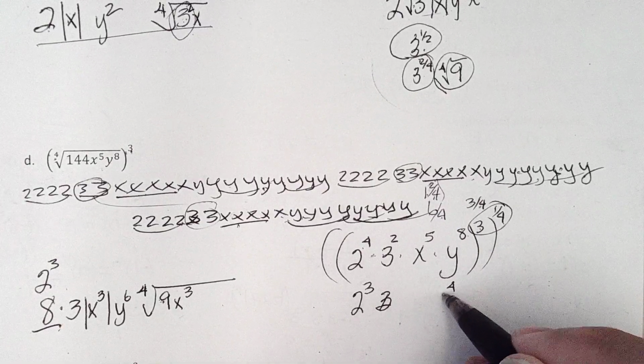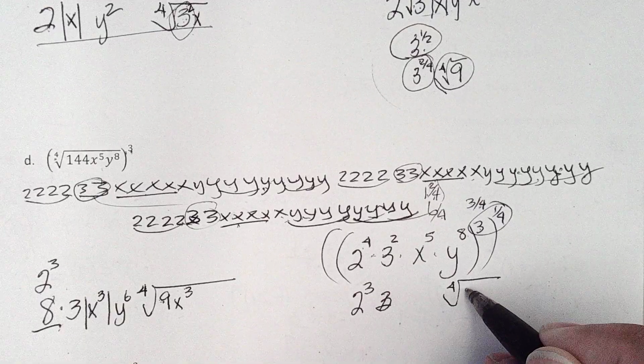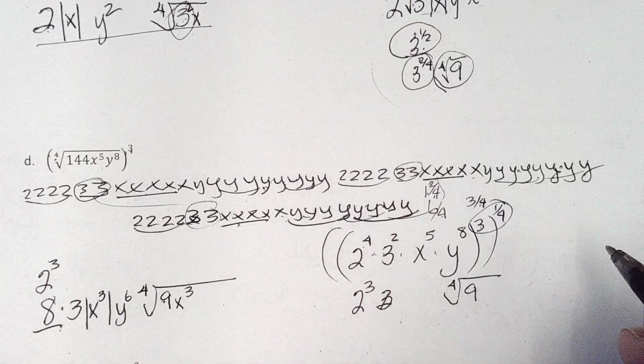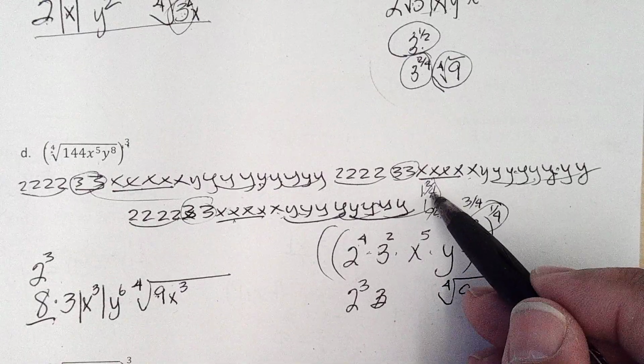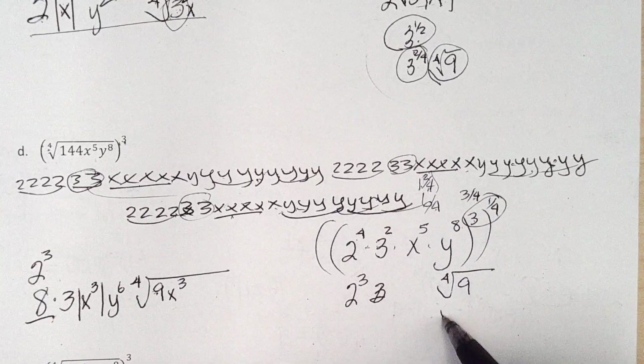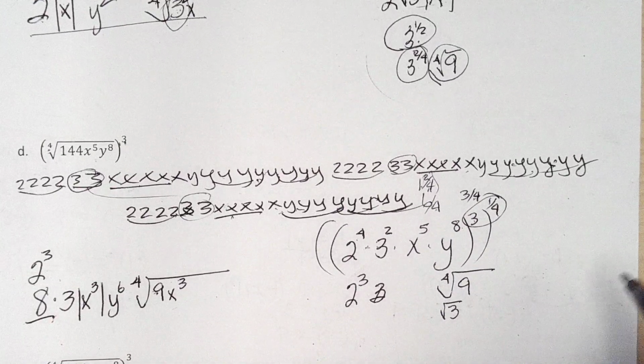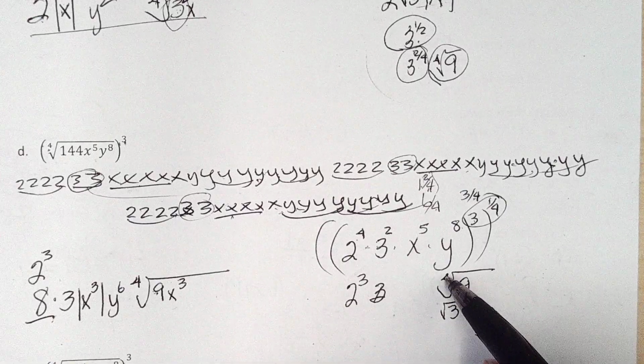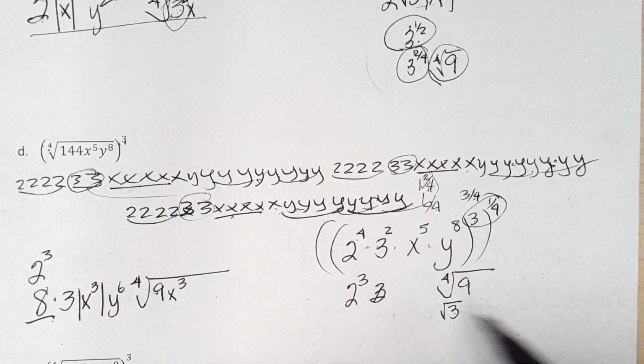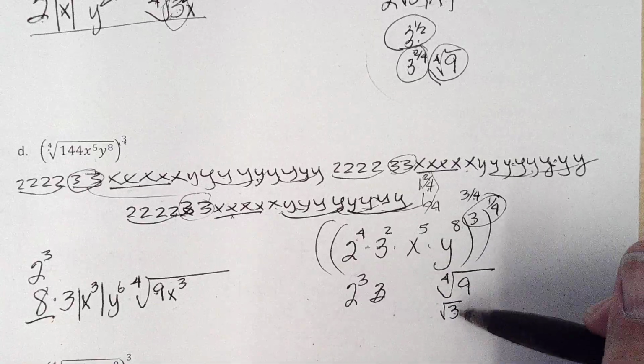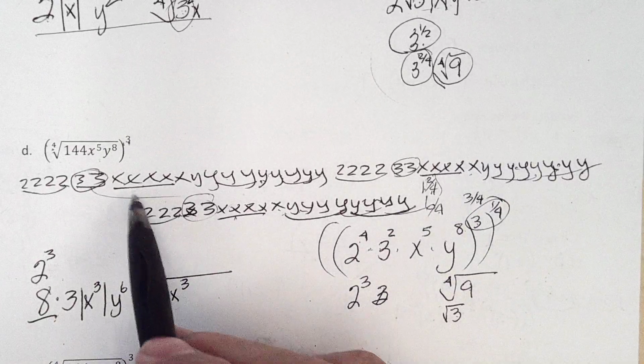So I've got the 4th root of 3 squared, 9. But also 2/4 reduces to 1/2, so I could call it just the square root of 3. 4th root of 9 is the square root of 3. But anyway, either way.